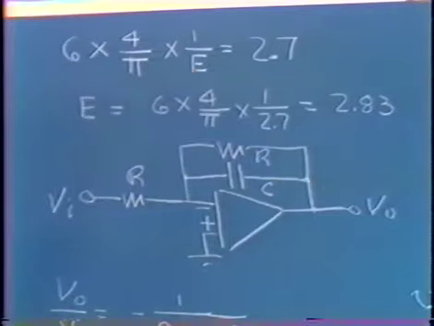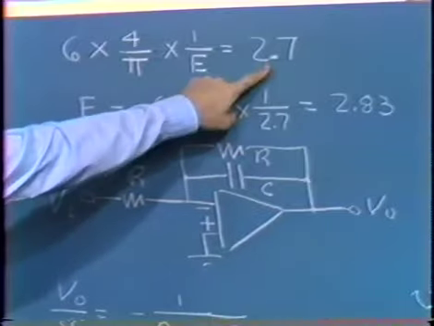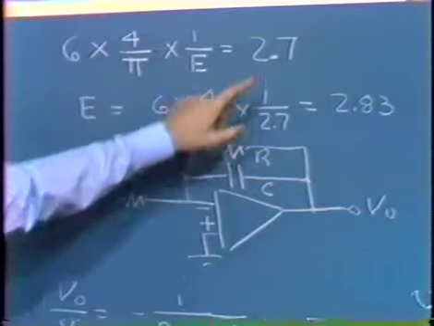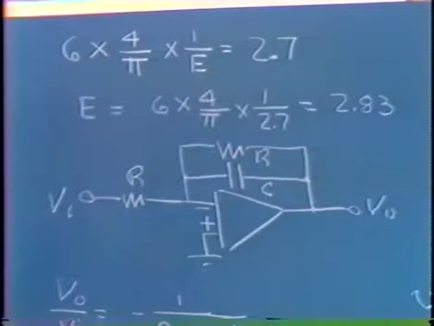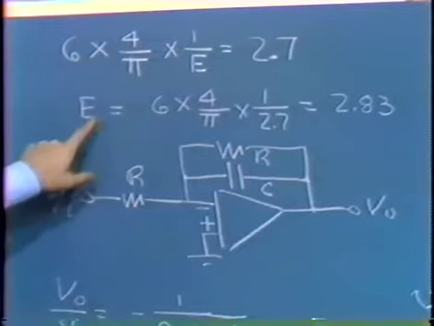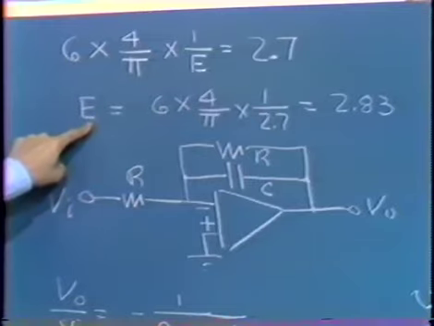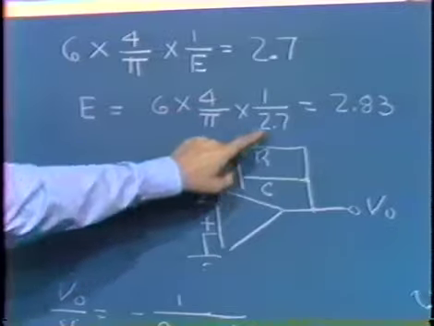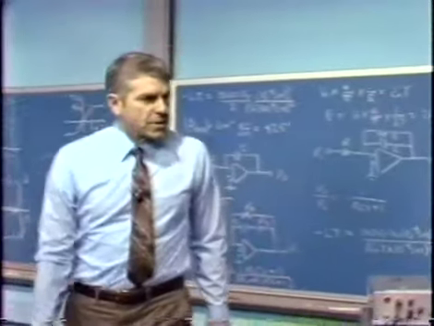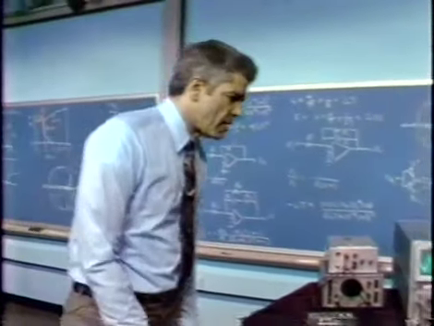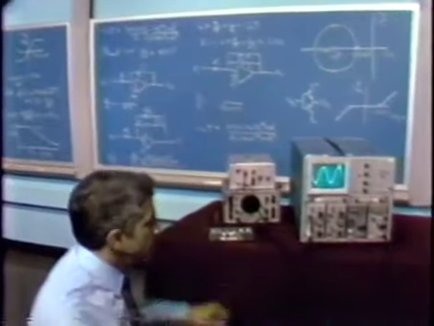And our Routh analysis told us that for oscillation at the low frequency, we need a gain, in a describing function sense, through the nonlinearity, an A naught of 2.7. We solve that for the amplitude at the input to the nonlinearity. We find out that that amplitude should be 2.83 volts. Let's look at the sine wave.